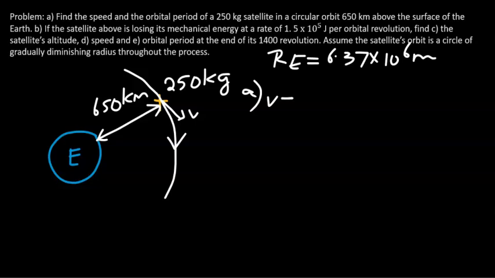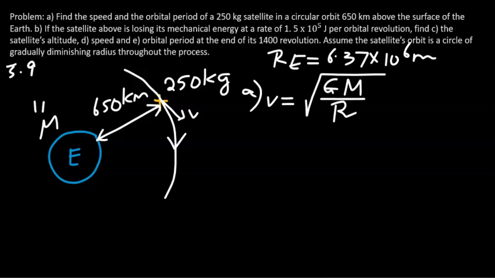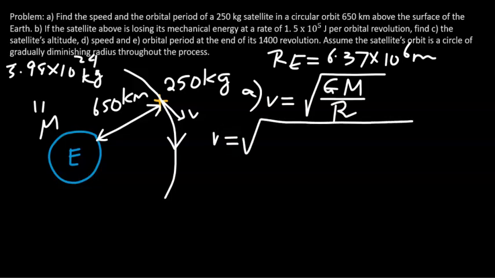And that is given by the square root of the universal gravitational constant capital G, times the mass of the Earth, divided by the orbital distance capital R. Now let's assume we are also told the mass of the Earth as 5.98 times 10 to the power 24 kg. So putting everything together, we will get the following for the orbital speed.